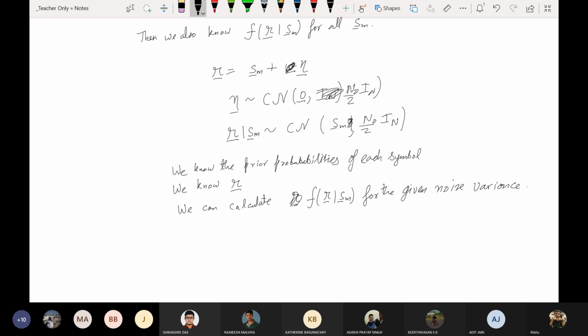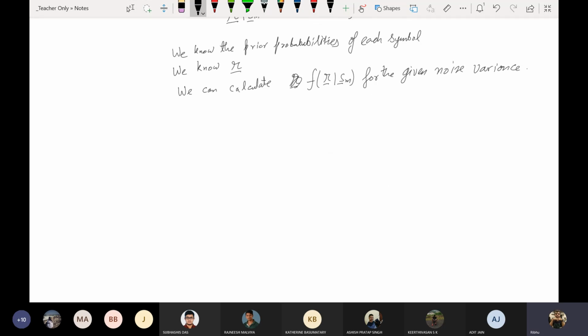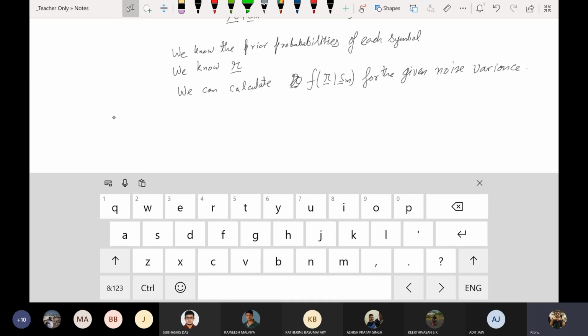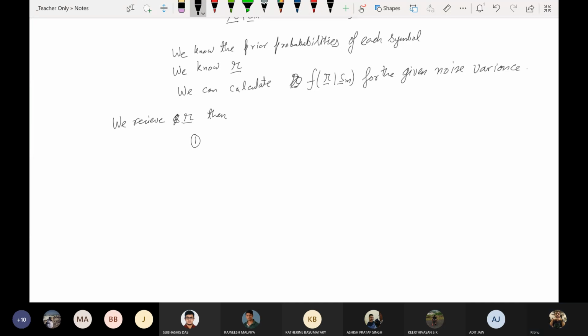Now let's write this down as an algorithm. So we receive Sn or we receive R, then step 1, calculate.